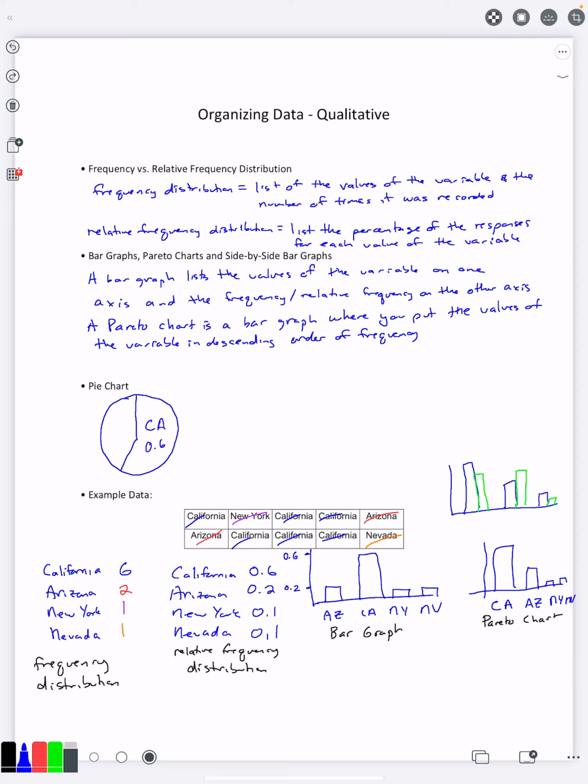Then you had 20% in Arizona, maybe looks something like this. And then the last part is broken up between New York and Nevada. And again, I totally admit that my picture here is not very great, as in, the size of them is not what it's supposed to be. However, you really don't ever need to draw a pie chart by hand. We have computer software for that. But it's important to understand, if you see a pie chart, what the different things mean.